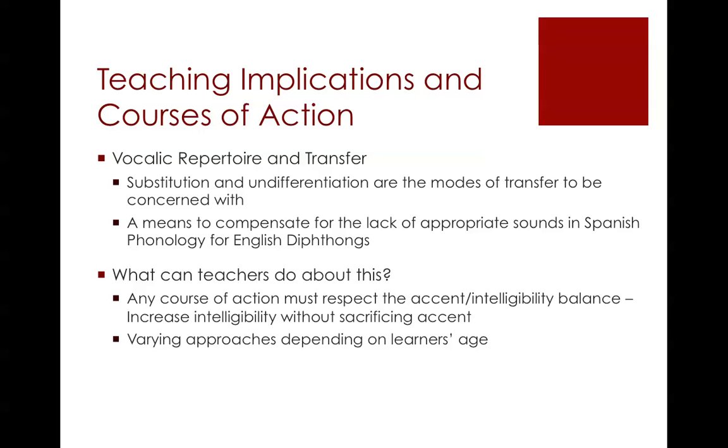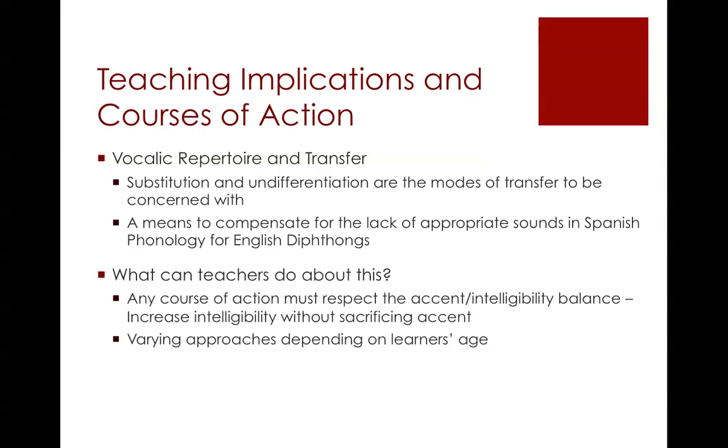As we were talking earlier, this vocalic repertoire transfer manifests through the phenomena of substitution and undifferentiation. Learners substitute the vowels they cannot produce with the closest approximants that they have in their interlanguage. It is a means to compensate for the lack of appropriate sounds in Spanish phonology for English diphthongs.